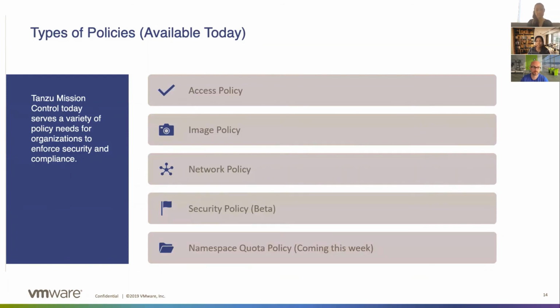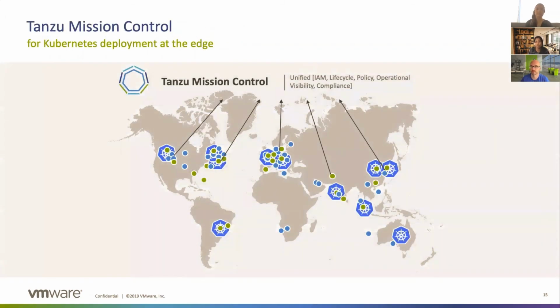So then I also wanted to give one other perspective of Tanzu Mission Control that people often might not think about, but it's becoming a very frequently used use case. And that is the idea of Kubernetes deployment at the edge. I don't know how many edge deployments you might have within your ministries, but the whole idea is you can have Kubernetes clusters that exist disparately across different regions, and then Tanzu Mission Control can be your central management plane across all of that.